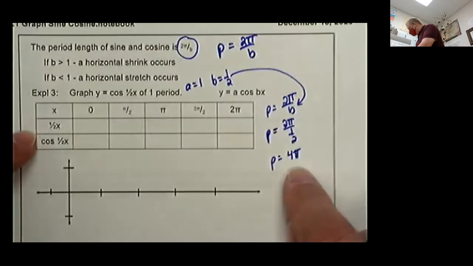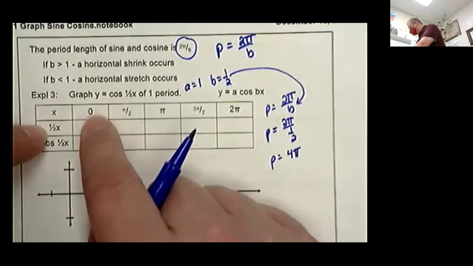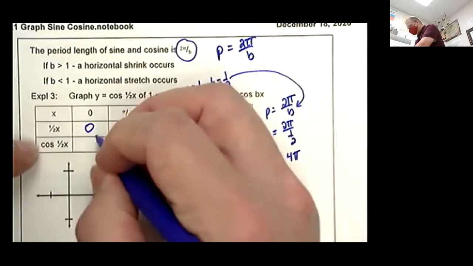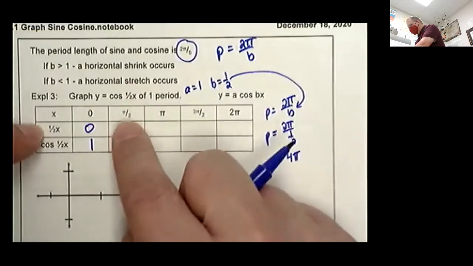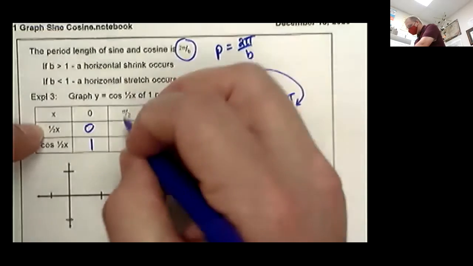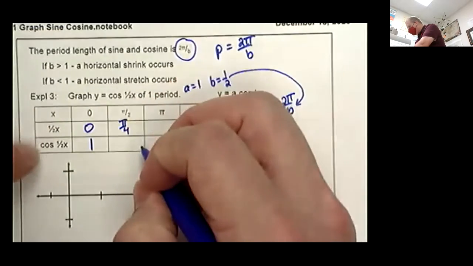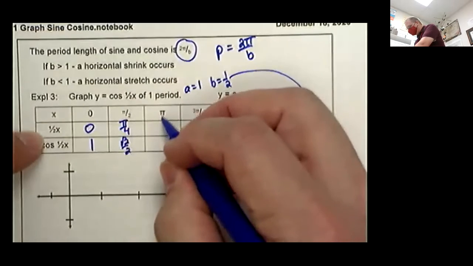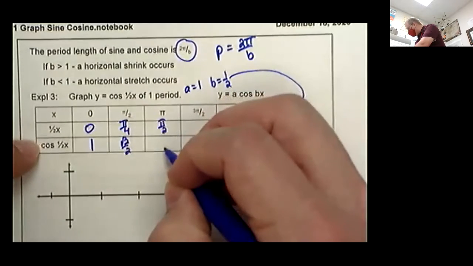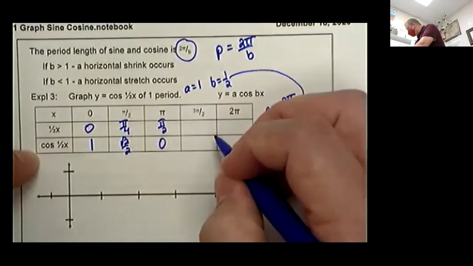And so let's see what happens here as we graph. So if we look at 1/2 x, so 0, we're looking at half of 0. Half of 0 is still 0. Cosine of 0 is 1. We're looking at half of pi halves. Well, that's pi fourths. Cosine of pi fourths is root 2 over 2. Half of pi is pi halves. Cosine of pi halves is 0.